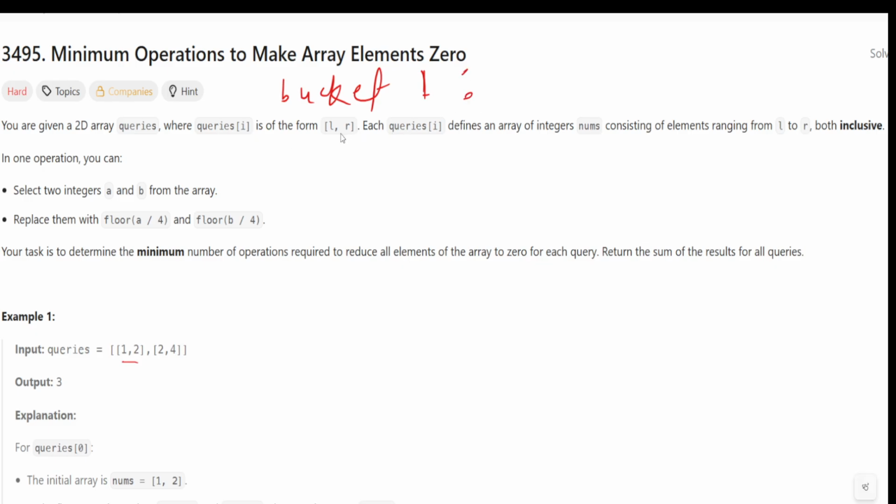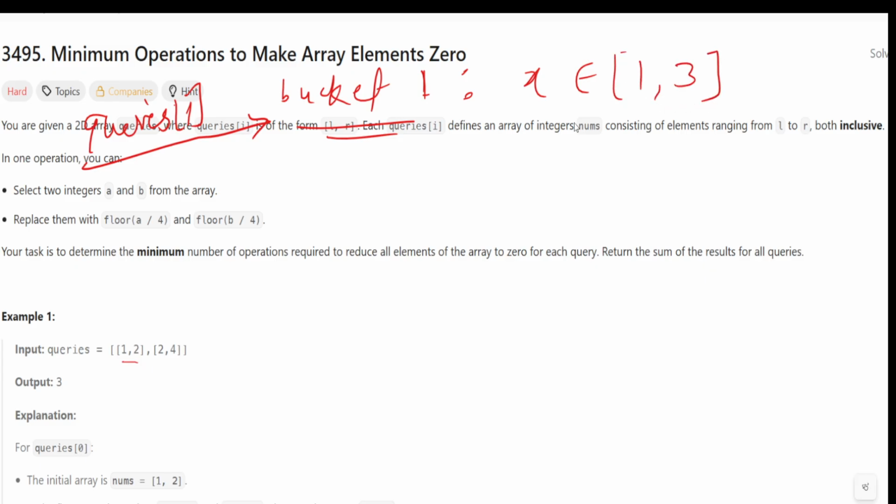At each index, which means at each query, queries at i, we assume this query at i is nothing but a bucket. This bucket has some elements, and I want a function that will give you the range. The range is 1 to 3, and the total number of operations is 1.